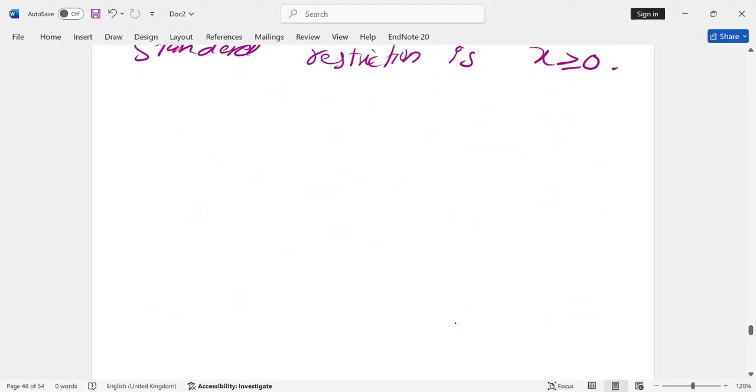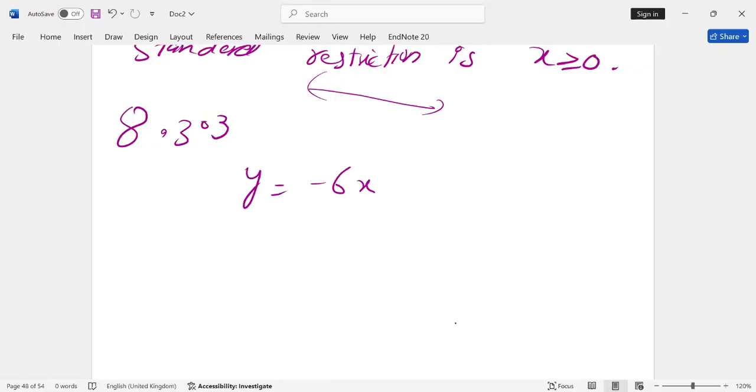So the next part of this question is 8.3.3. So determine the equation of f inverse for f inverse of x less than or equal to 0. Okay, so write your answer in the form of y. So we have the function given that y equals minus 6x squared.